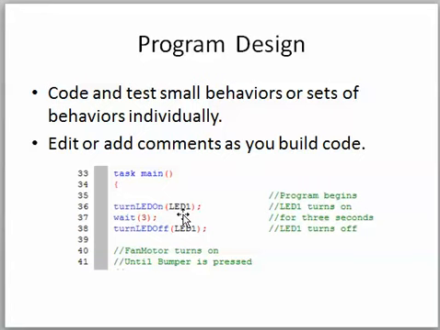It's labeled as LED. My pseudocode, or my comments, told me that I wanted LED 1 to turn on. Well, that's going to be on for 3 seconds. LED off. Which LED? LED 1 turned off. So this is a way of being able to check, which is beneficial.